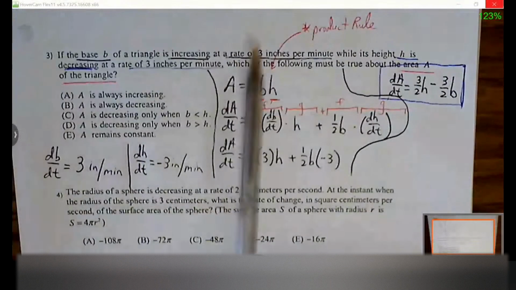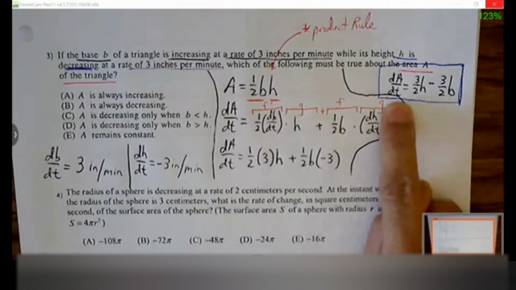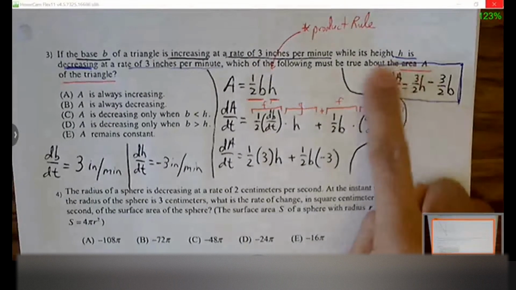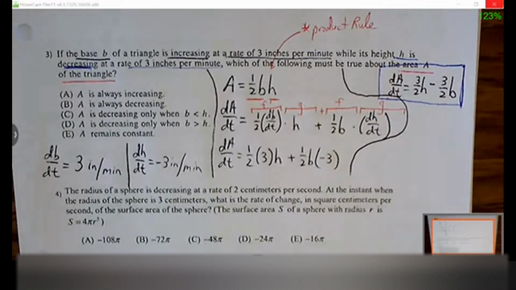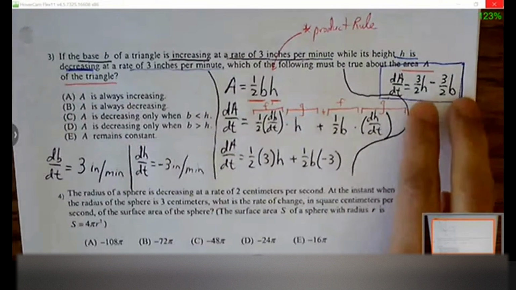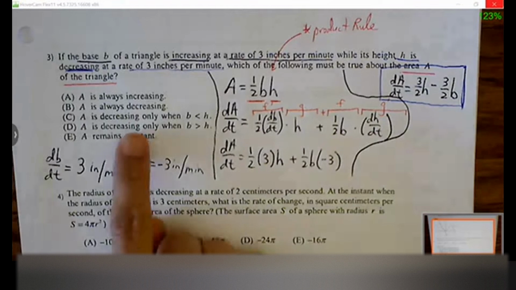It says, which of the following must be true about the area of a triangle? So dA/dt represents the rate of change of the area of a triangle, right? If we have a positive dA/dt, that means area is increasing. If we have a negative dA/dt, that means area is decreasing. We don't know what h and b are, so we can insert any value that we want.